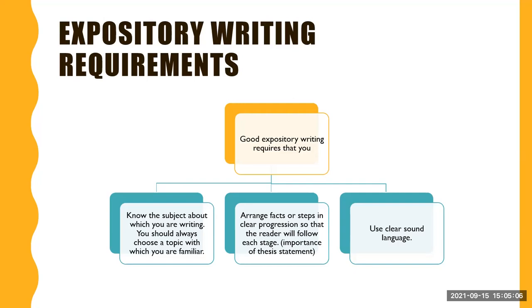Remember, we're talking about euphemisms, and the fact that euphemisms are essentially politically correct language because you're trying not to offend. You are just trying to deliver a message in a way that it is easily understood, right? So when we say use clear, sound language, use words that are readily known. Use words that the reader can grasp, not only the meaning of the word, but the idea of the passage as a whole.